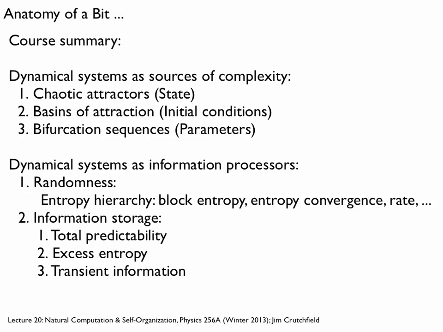So the entropy hierarchy, taking the block length derivatives of the block entropy, the entropy convergence, and so on, got us started thinking about these different kinds of information: predictability, redundancy, excess entropy, and transient information.